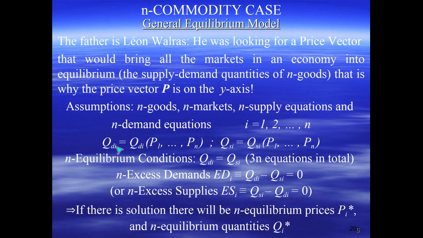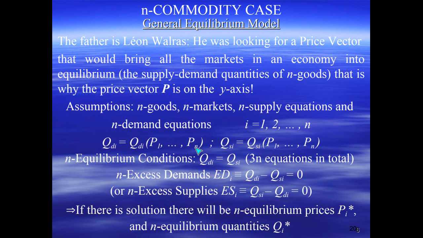QDi is the typical demand for the ith market, for the ith good, and it is influenced more or less, if it is unrelated. Some of the prices may have the coefficient 0, but they are over there. So the quantity demanded of a good in a market depends on the prices of all the other goods as well. All the prices appear in the quantity demand equation.